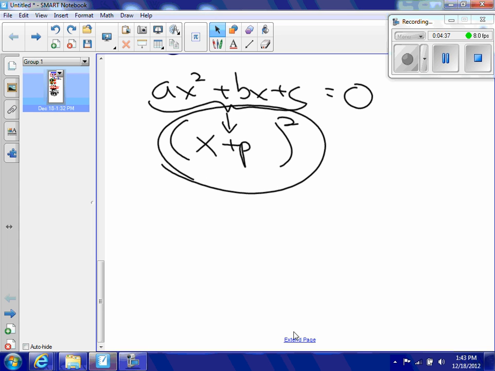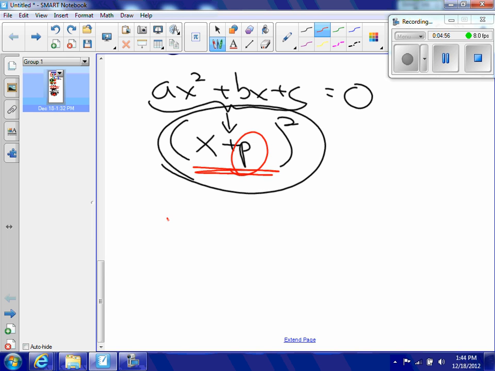So right here I use the letter p in this binomial squared to represent the constant that I'm going to have when I have my perfect square binomial.